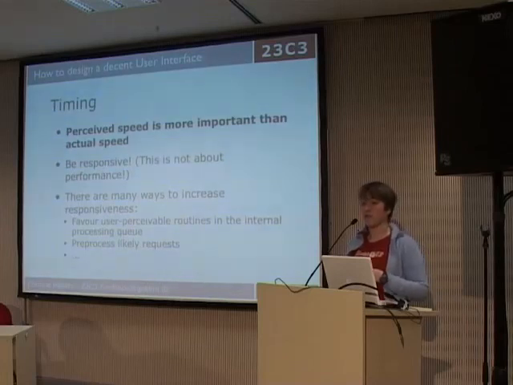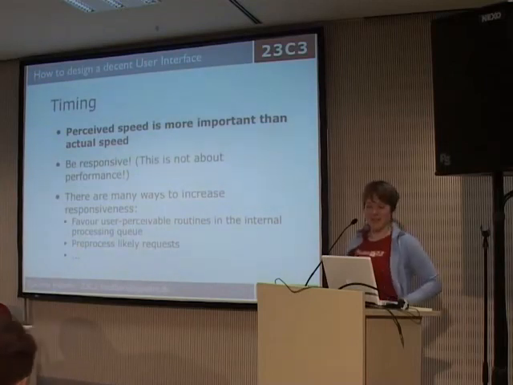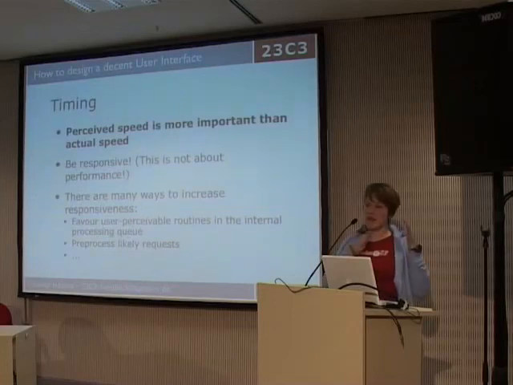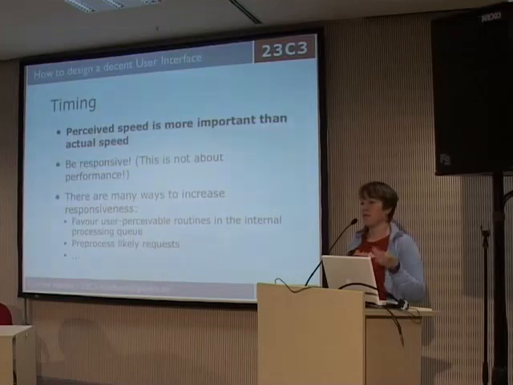There are some ways to increase responsiveness. For example, if you queue processing internally, then prefer those processes that will be visible as output to the user as a change. If you, for example, do a text editor, then the most important thing is to show all the characters.